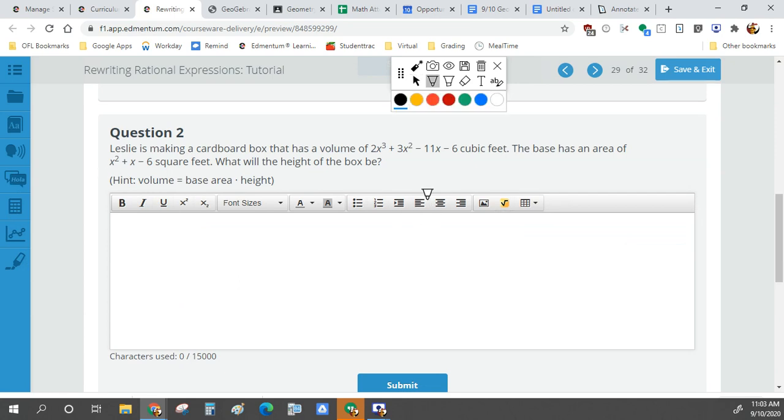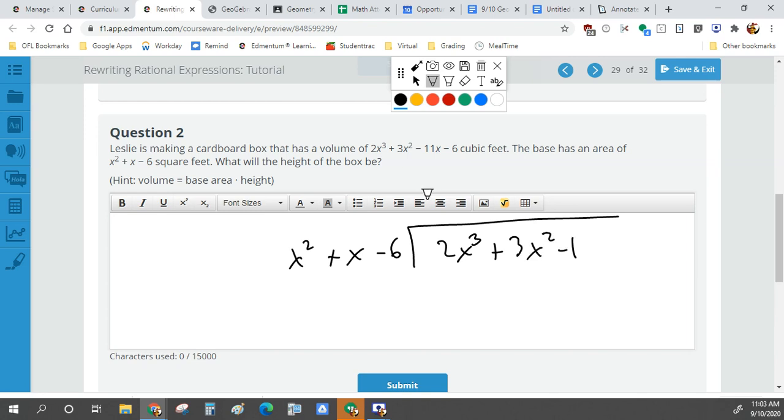I recommend just taking a picture of your work because it's going to be really long to type all that stuff in. That's too long. But that was a good idea. I was debating on using that root sign, but then I'm just going to do it by hand, and you guys can do it on paper.